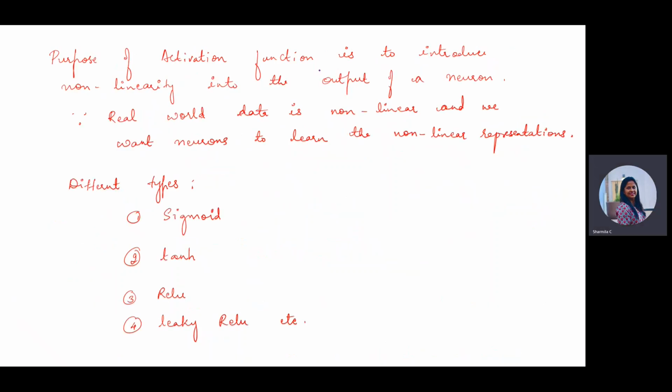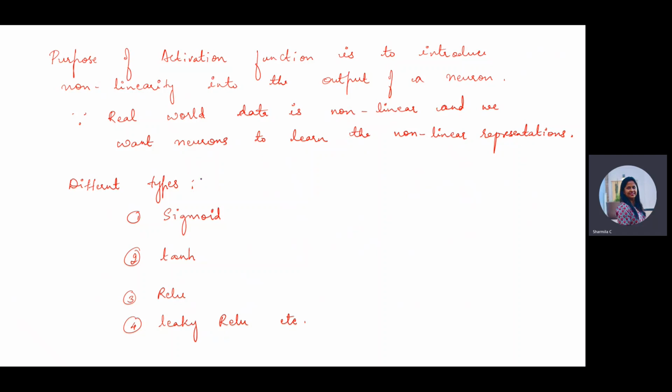The purpose of the activation function is to introduce non-linearity into the output of a neuron, because real world data is non-linear and we want neurons to learn the non-linear representation.